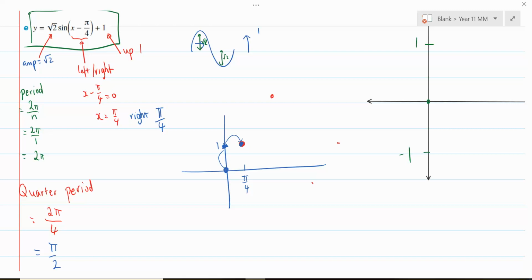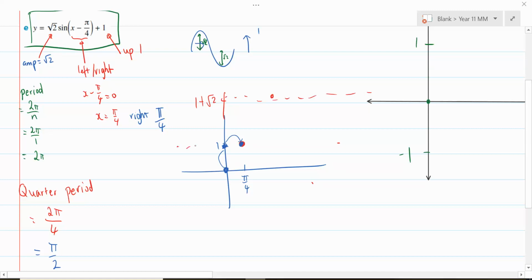So if this is the center, how do I get to the maximum? It's your amplitude. The amplitude would tell you how much more you need to go to get to the maximum. So if this is 1, I need to add on an extra root 2. So my maximum height has to be at 1 plus root 2.